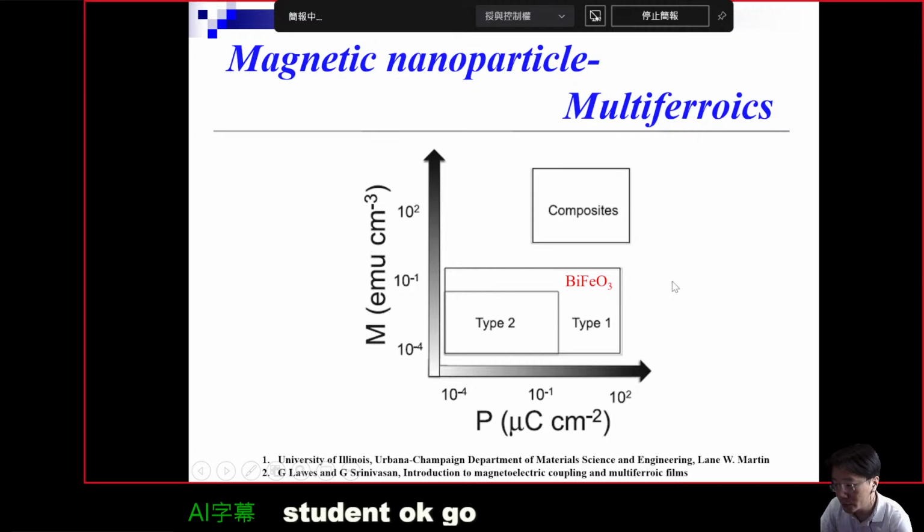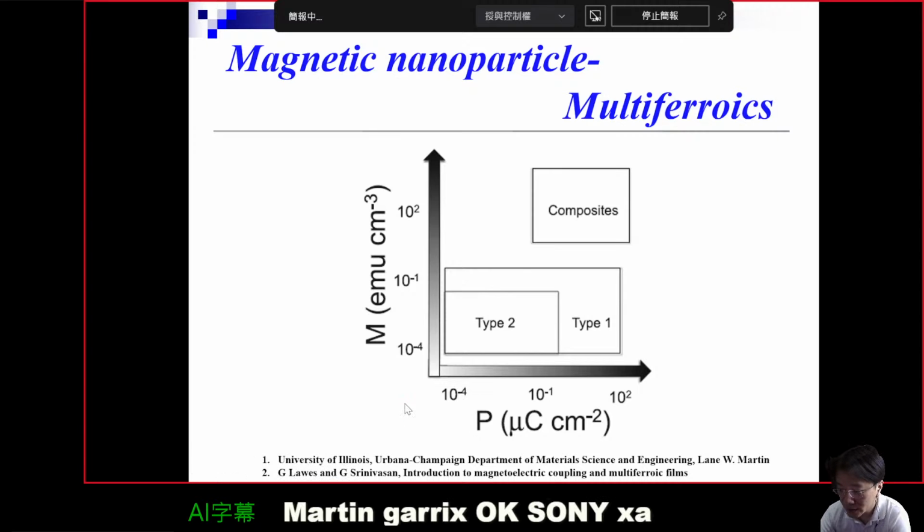Shown here is a figure where we have classified three types of multiferroics. The x-axis is the electric polarization and the y-axis is the magnetization.